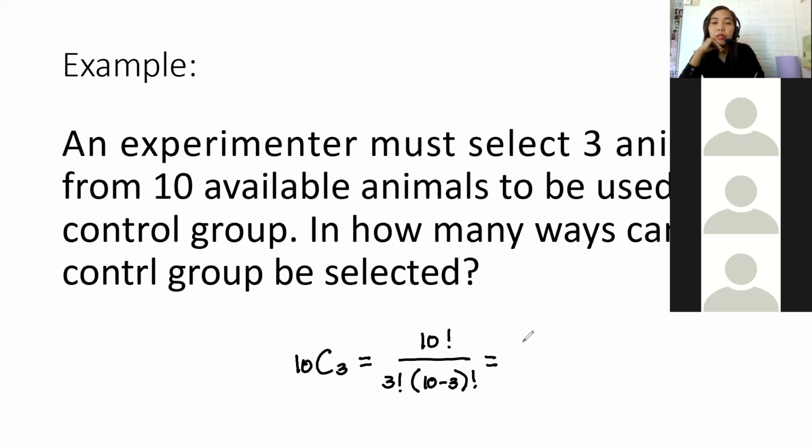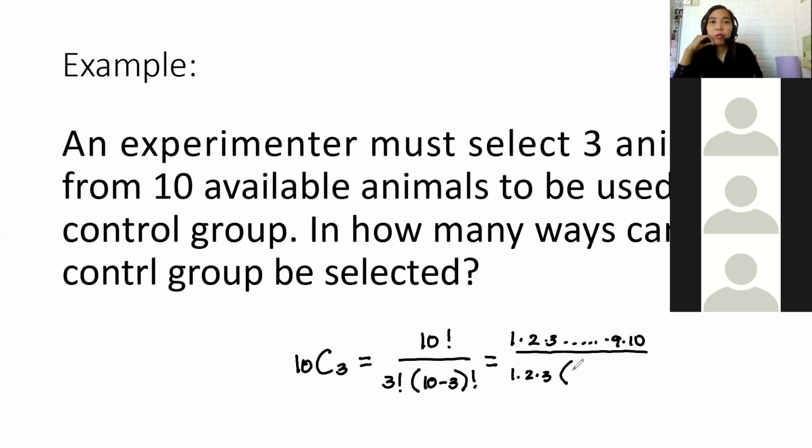Ang matitira dito, 10 factorial will have 1 times 2 times 3 up to times 9 times 10. Sa baba, merong 3 factorial, so 1 times 2 times 3. So, pwede natin itong i-cancel sa 10 minus 3, or sa 7 factorial na lang pala natin.